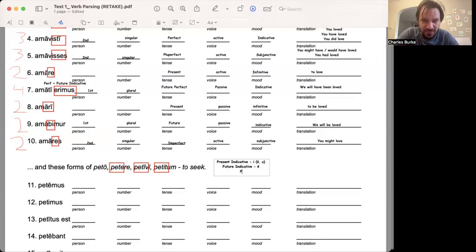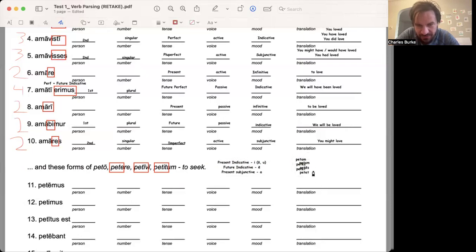you get your present subjunctive. So, fun fact, petam, your present subjunctive is A. Fun fact, petam, because future is petam, petes, petet.